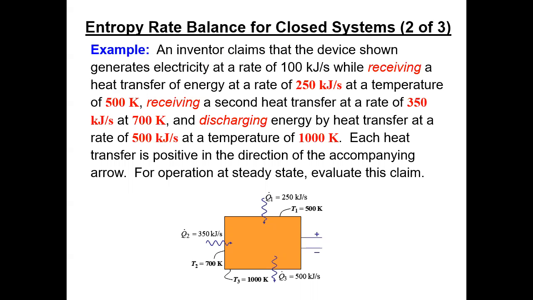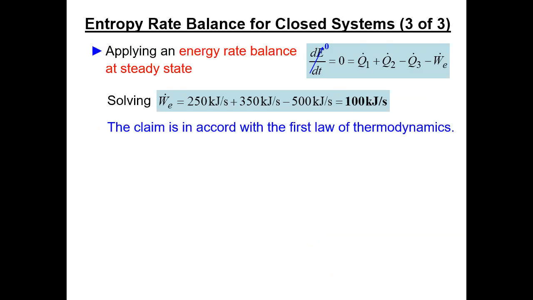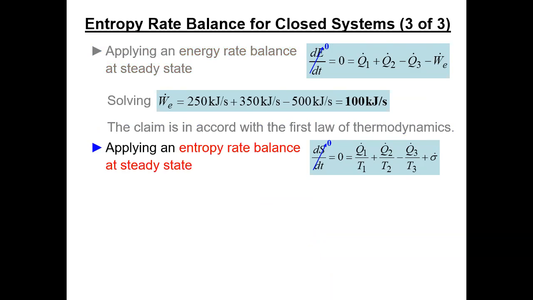But we have our second law. See if this guy's trying to blow some smoke someplace. According to the entropy rate balance, you've got dS/dt. We're going to set that equal to 0 because it's steady state.